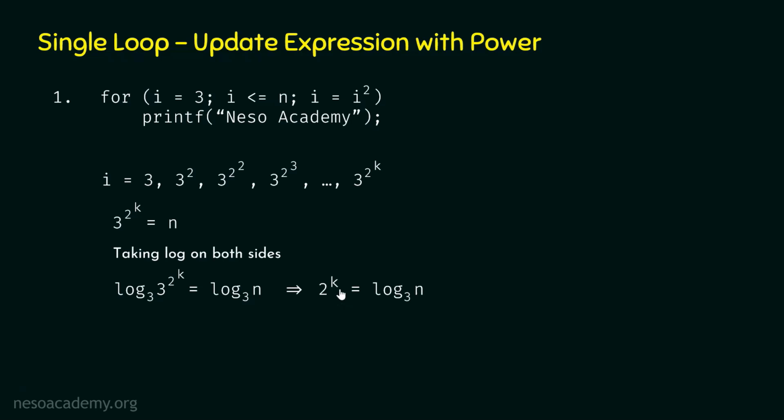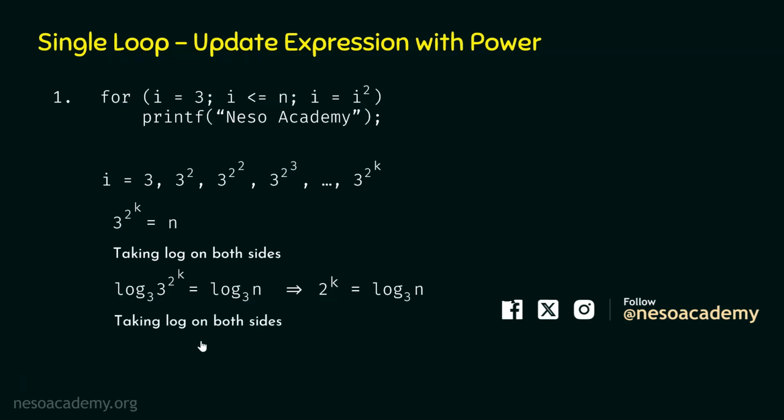In order to bring k to the base, we can again take log on both sides. This time we will take log base 2 on both sides because here we have the constant 2. Let's apply log base 2 on both sides. After taking log base 2 on both sides, we will get log 2 power k base 2 on the left hand side and log base 2 of log n base 3 on the right hand side.